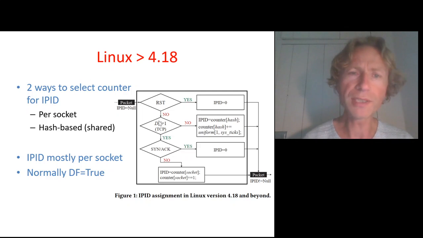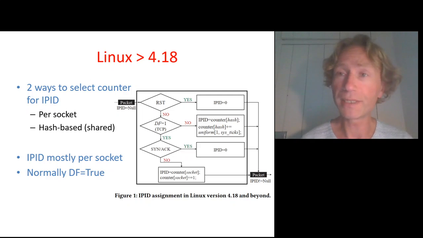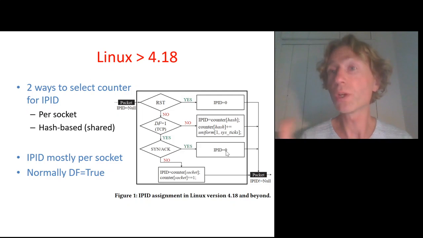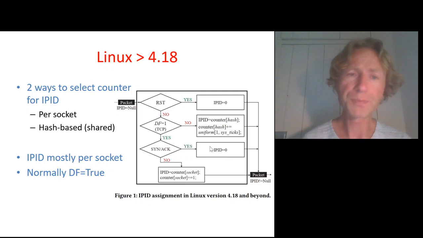If it's not a reset packet, it will look at the DF field, right? The DF field in your IP datagram indicates whether or not your packet can be fragmented. And if this has a value 1, we will actually use the secure per-socket counter, unless your packet happens to be a SYN-ACK, in which case we also set it to IP ID 0.